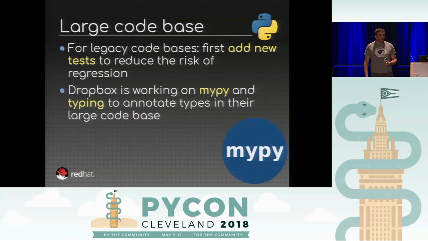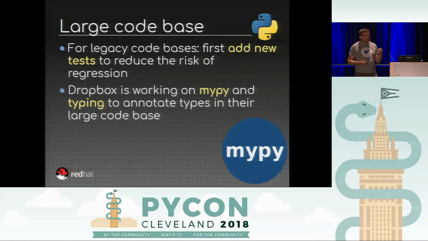For a legacy code base, one solution is first to write new tests, because you may know that in companies, people like to put in new features, but not to spend time on tests. Or maybe the culture of the company is not to write tests. And thanks to tests, you are able to reduce the number of regressions.